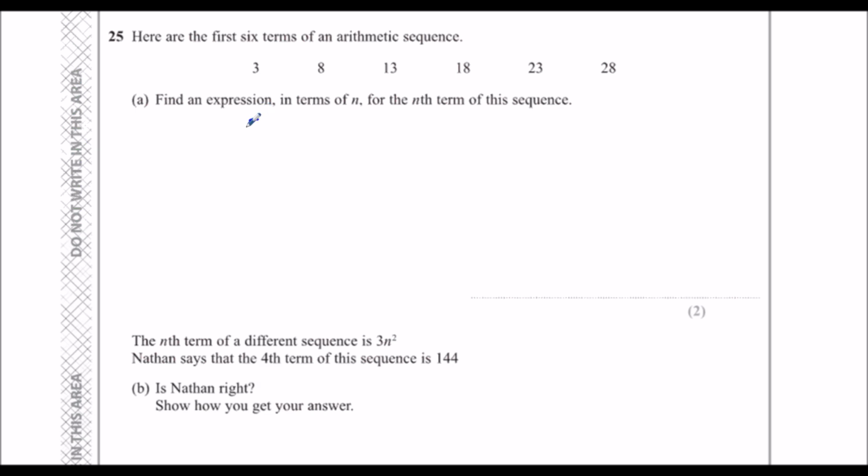So it's a bit like the 5 times table. The 5 times table is called 5n, and that's 5, 10, 15, 20, 25, 30.